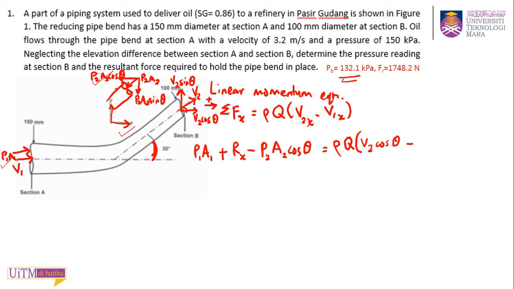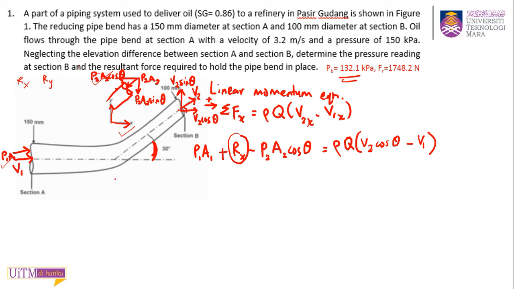V1 in the x direction is also in the same direction as your reference, so you just minus V1. So this is your linear momentum equation, and then you need to rearrange because you want to find Rx. Because they ask you to find the resultant force, you need to find Rx and Ry, and the summation of these will give you the resultant force.